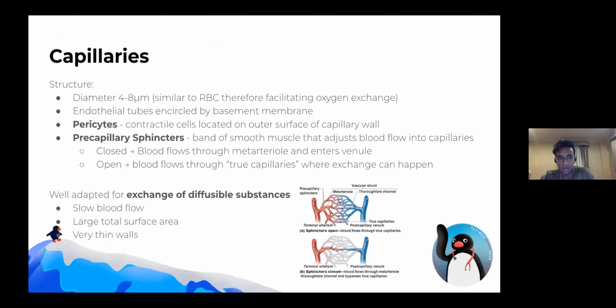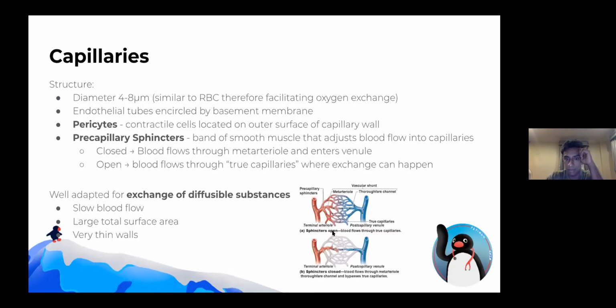you need to know the structure of capillaries. They actually have pericytes, which are contractile cells located outside the outer surface of the capillary wall. So that allows it to expand or dilate or constrict. And then you've got sphincters to allow for blood flow.